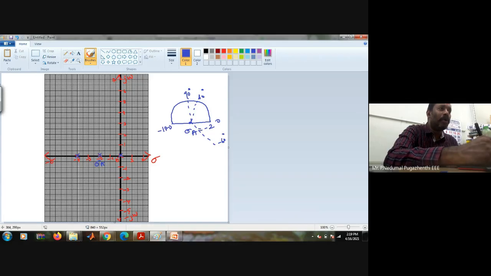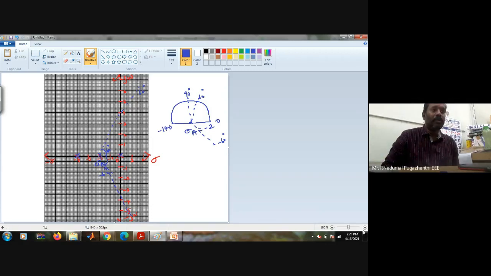If you mark that centroid, this is an approximate plot, so don't get confused. You can use your proper procircle. This is 60 degrees, and let us say that I am crossing near 4. Here also I cross at minus 4, so this is going to be minus 60 degrees.